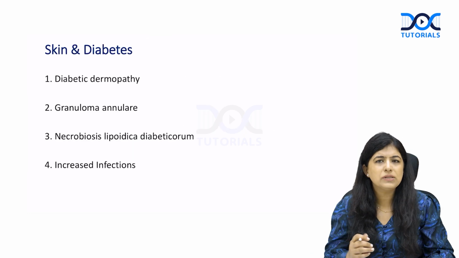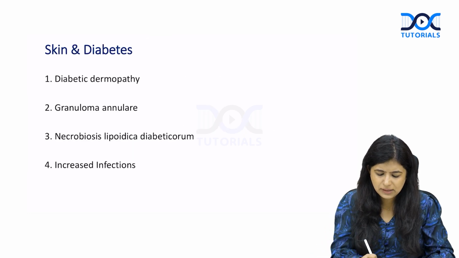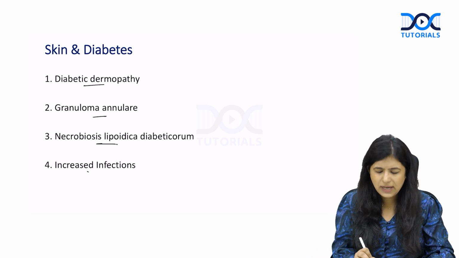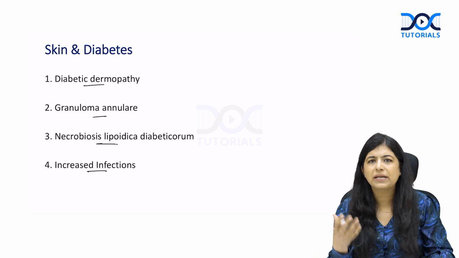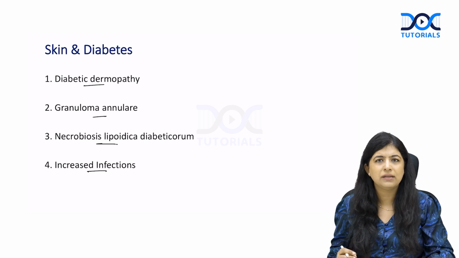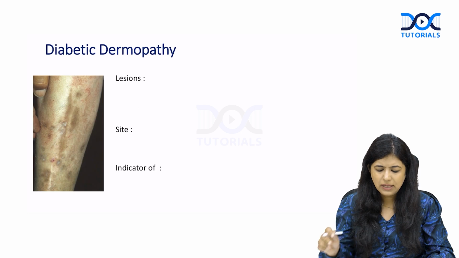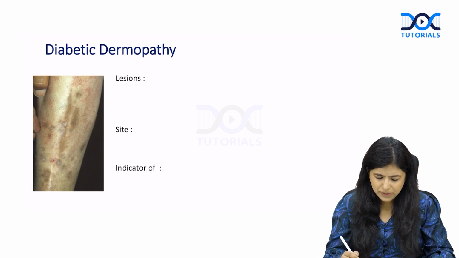Now, coming to certain cutaneous manifestations of diabetes, we have diabetic dermopathy, granuloma annulare, necrobiosis lipoidica diabeticorum, as well as increased risk of all viral, bacterial, fungal infections in the skin in the diabetic patients, especially with uncontrolled sugars. Now, coming to diabetic dermopathy, very common. You may have seen that in elders in your family.